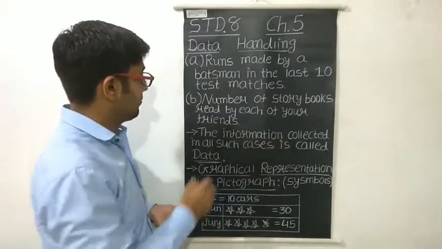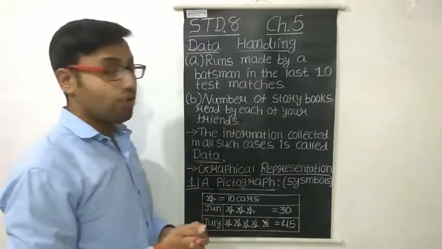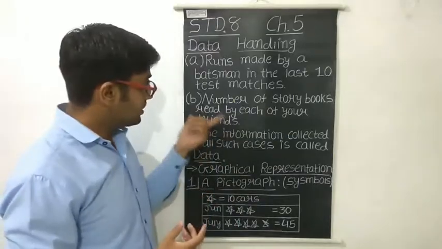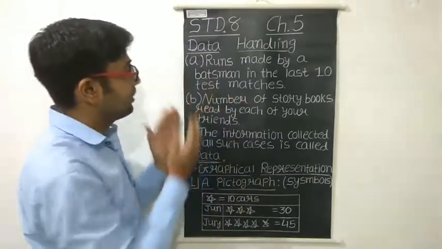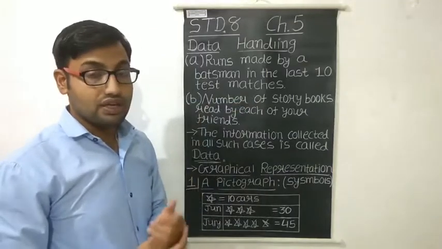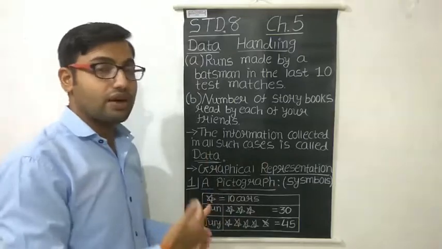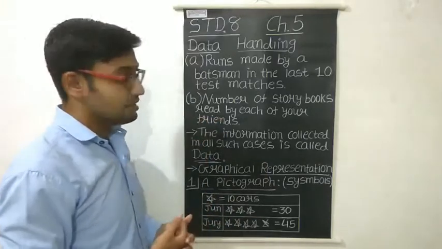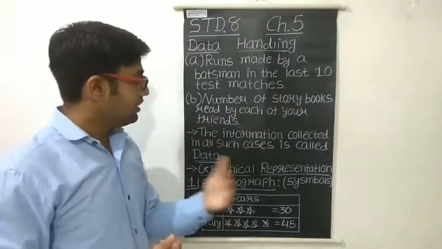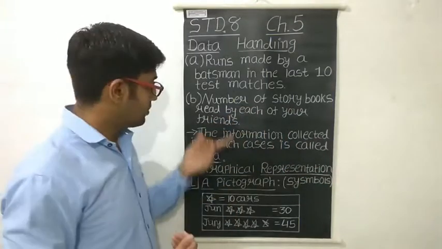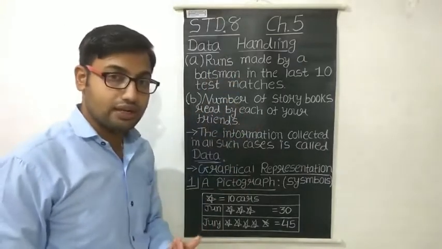Second example: number of storybooks read by each of your friends. This becomes another kind of data which is totally different from the first type of data. So data may be of different types. Here, this data is about the storybooks read by each of your friends, so this data is your personal data, while the other is general data.